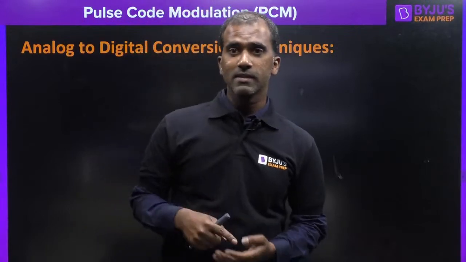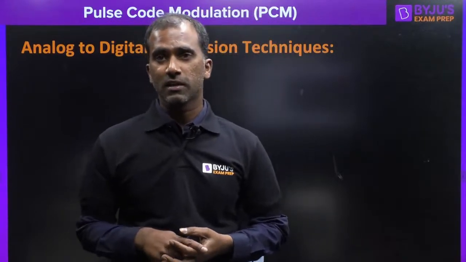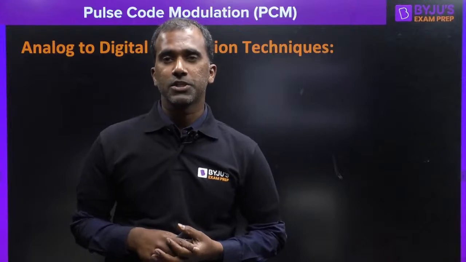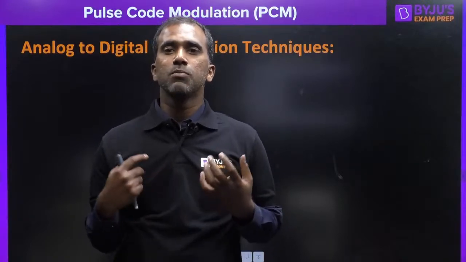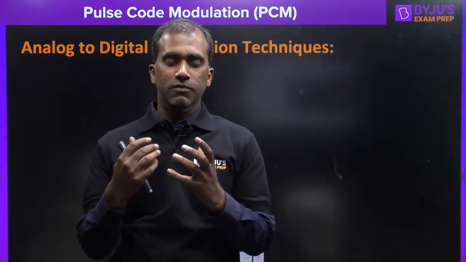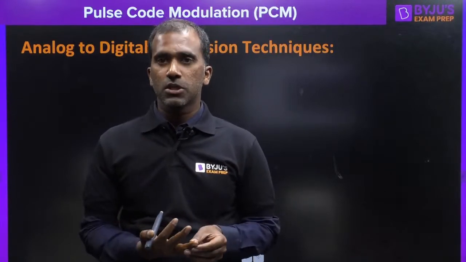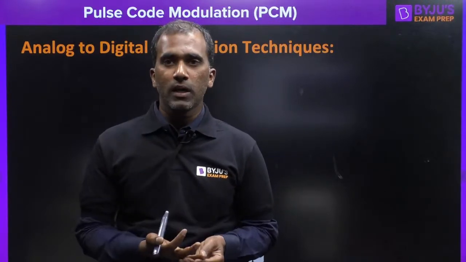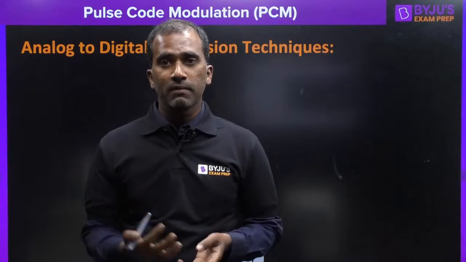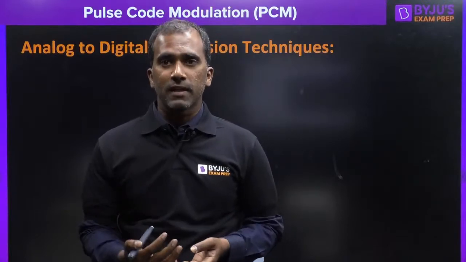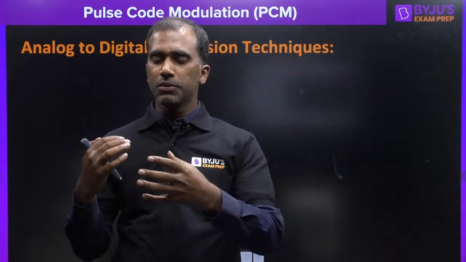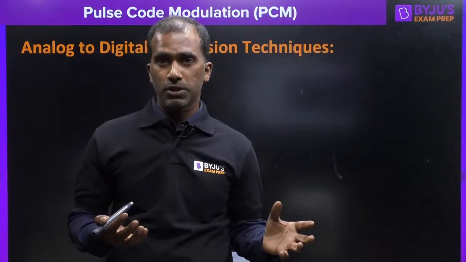And the other reason for analog to digital conversion is for communication, because digital communication is more advantageous. We have lots of wonderful advantages with digital communication. We get wonderful quality, we don't need to spend much power, and we have many advantages. So because of that, we wish to use digital communication rather than analog communication.